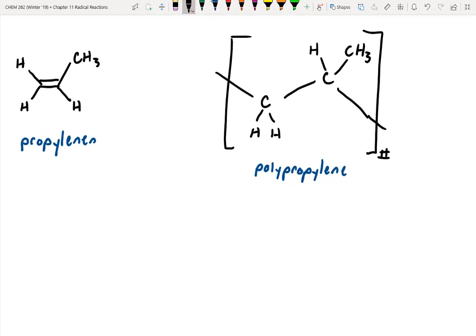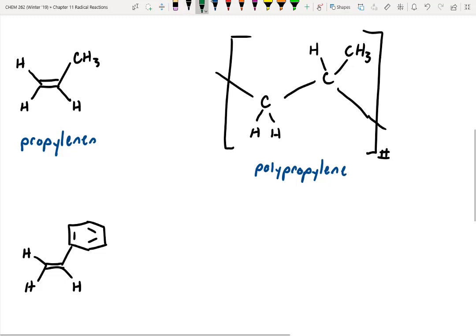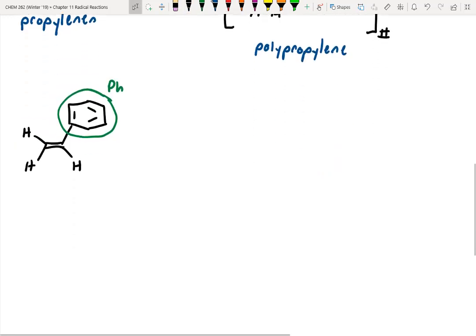All right, next one is one of the most controversial ones, at least as of late. So instead of a methyl group there, it has a phenyl group, which I'm just going to abbreviate as Ph. This is called styrene.